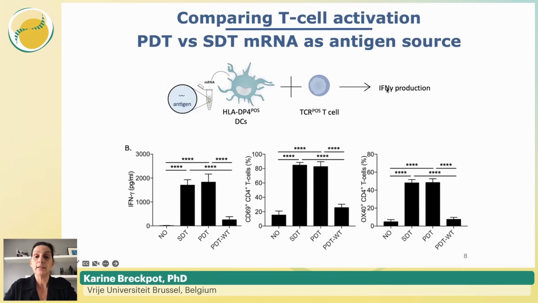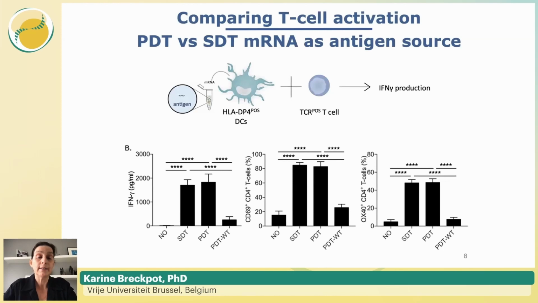Again, we looked at interferon gamma production next to the activation markers CD69 and OX40, showing that in both cases, when we use mRNA produced with a synthetic DNA template or a plasmid DNA template, we have good interferon gamma production and good T cell activation.